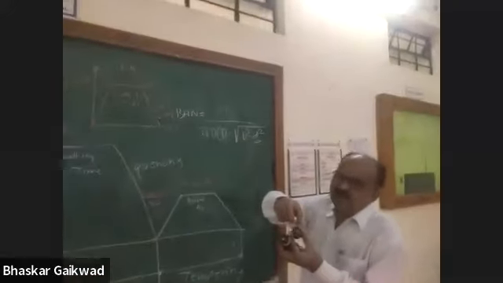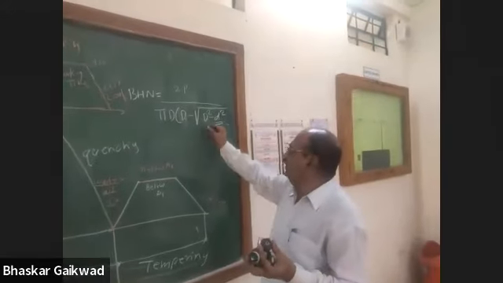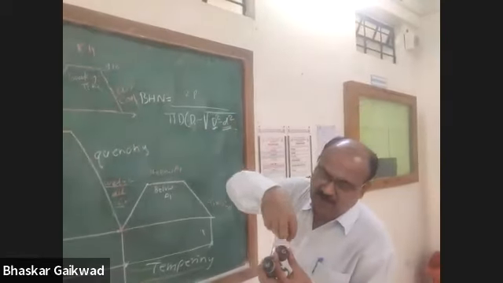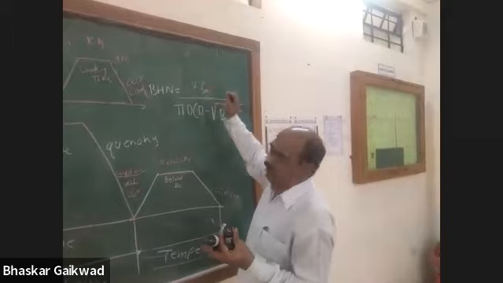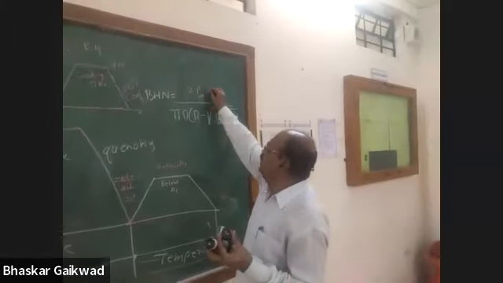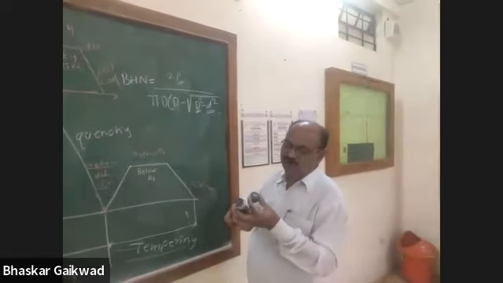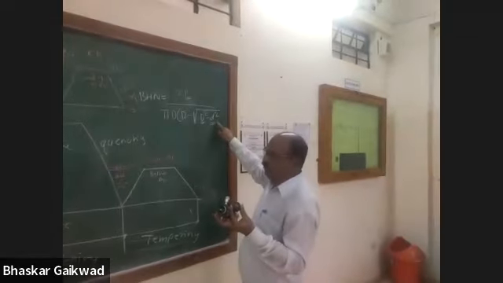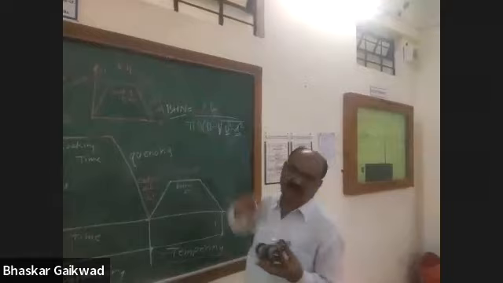And what is capital D? Here I have made impressions with the steel ball. That steel ball diameter is 10 mm. This is your capital D. And the load I have applied is 1000. The diameter measured by the microscope may be around 5 mm. After calculations, you will get the Brinell hardness number.